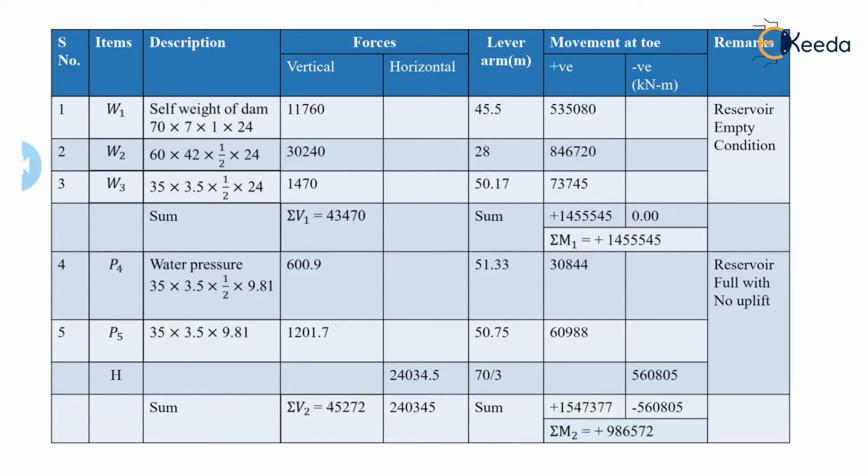If we avoid this moment, the dam section will fail at the toe without giving any warning. So for this purpose, we have to resolve all the moments at the toe section only.